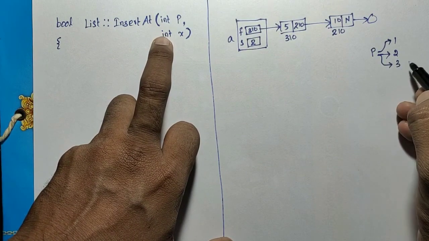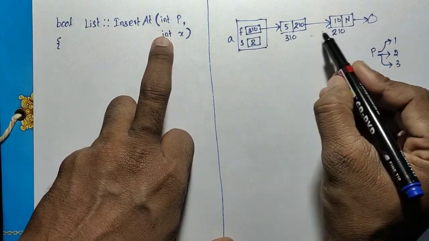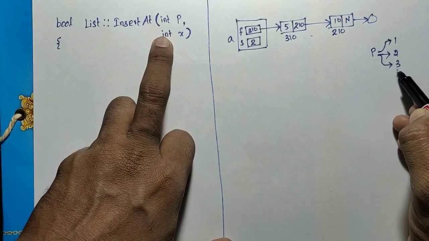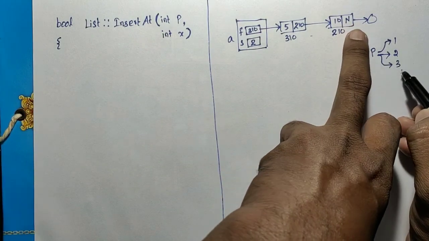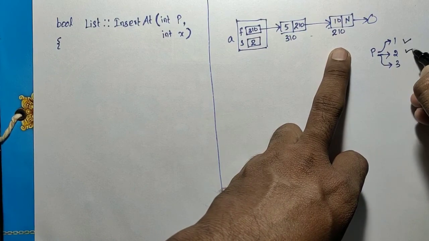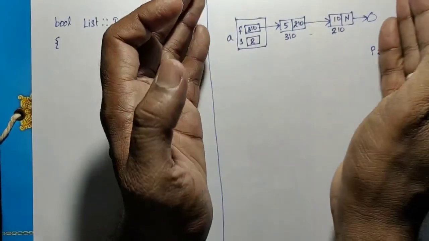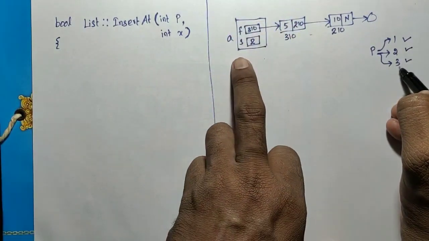3 means inserting a new node as the third node. We only have 2 nodes, but the third node position is also possible. It means the new node is going to be inserted at the last. So these are the valid inputs for p for this given list. So p may be 1, 2 up to 3.